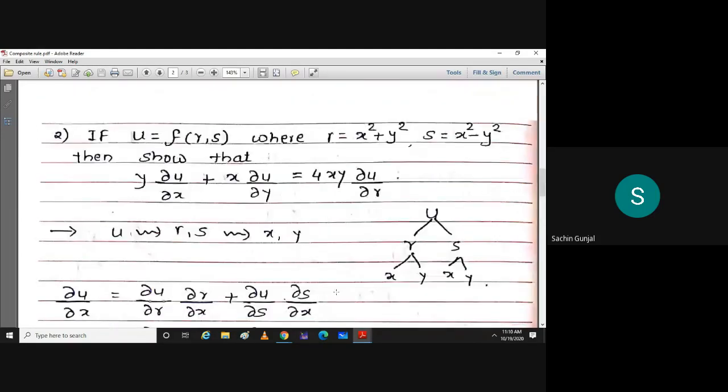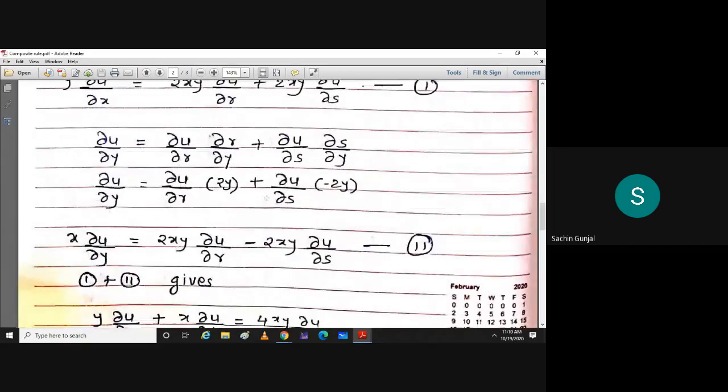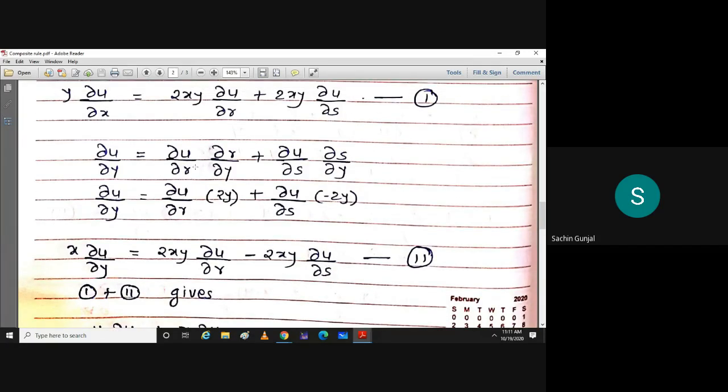So the second term is x ∂u/∂y, so you multiply by x to this. So x ∂u/∂y is equal to 2xy ∂u/∂r minus 2xy ∂u/∂s. Now if you add 1 and 2, it becomes y ∂u/∂x plus x ∂u/∂y, and this term is negative and this is positive, so they get cancelled.